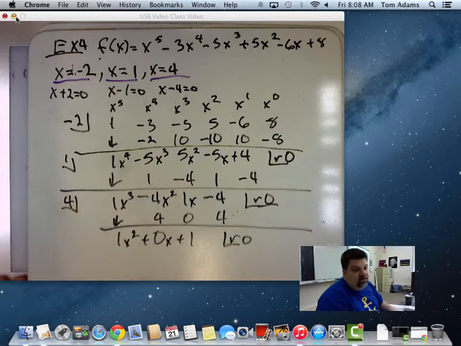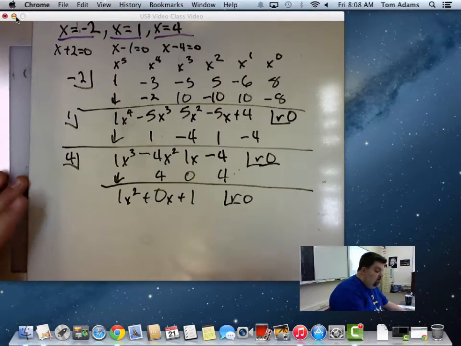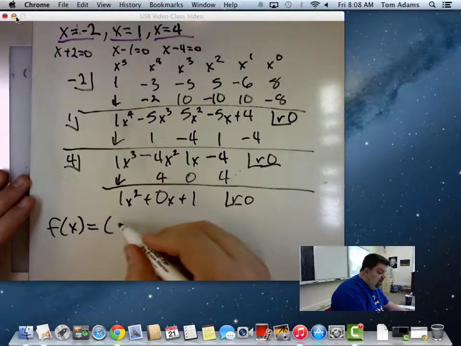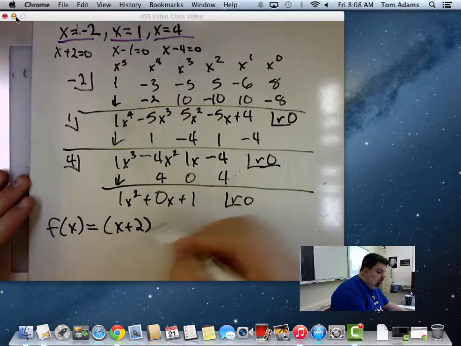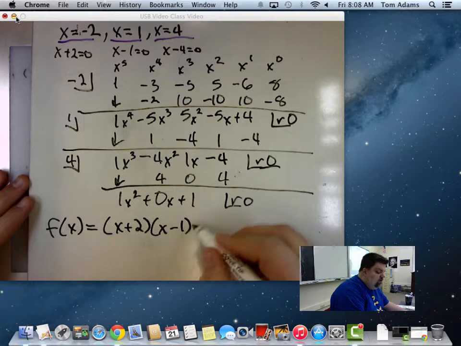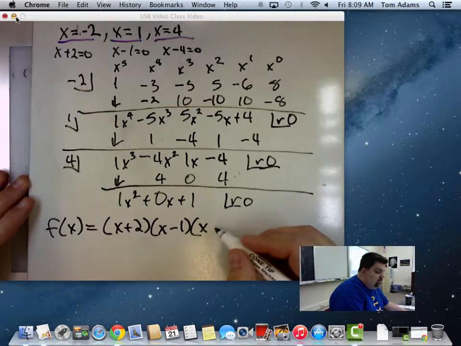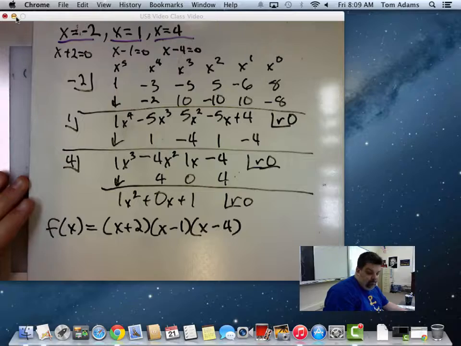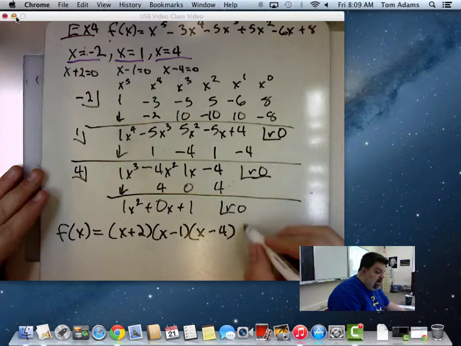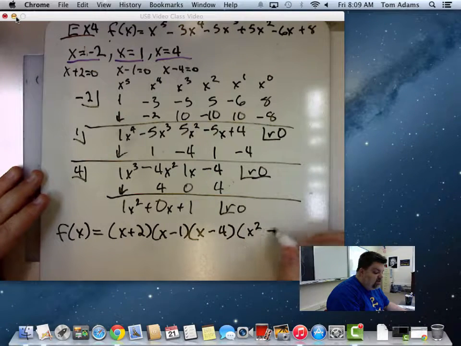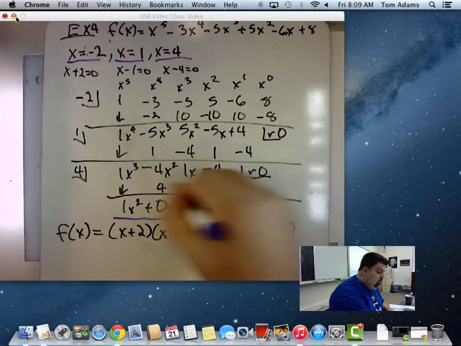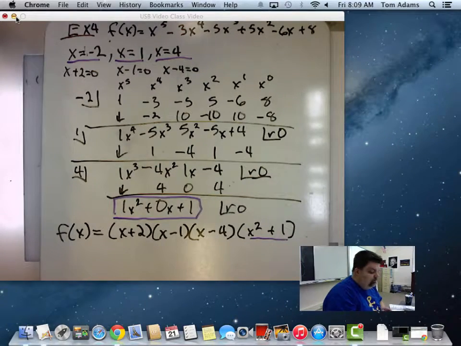So now what I've done, and I don't know if you guys realize this or not, is that f of x equals the quantity x plus 2 times the quantity x minus 1 times the quantity x minus 4. And that comes from all this stuff up here, right? Times the stuff that's left over, x squared plus 1. That comes from this right here.